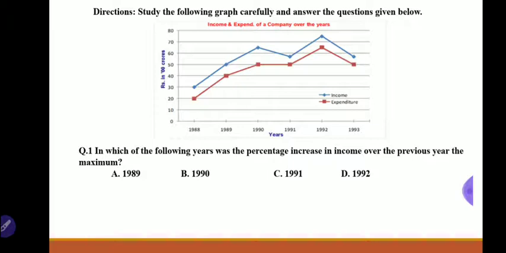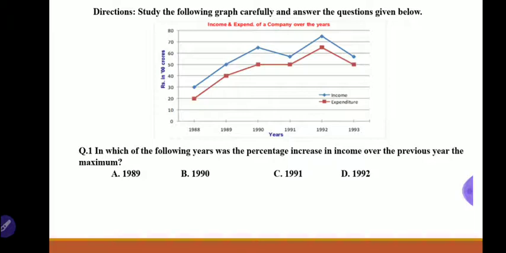If you observe, from 1988 to 1989 there is an increase in income, because the first graph, represented by the diamond shape and blue color, increases from 1988 to 1989.